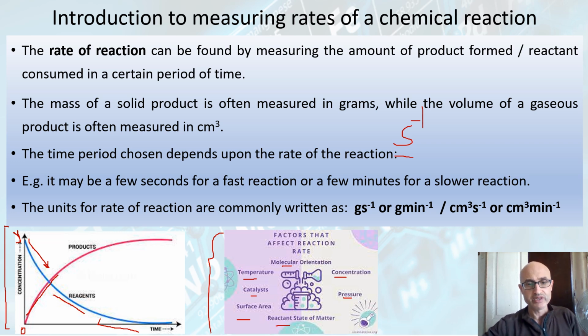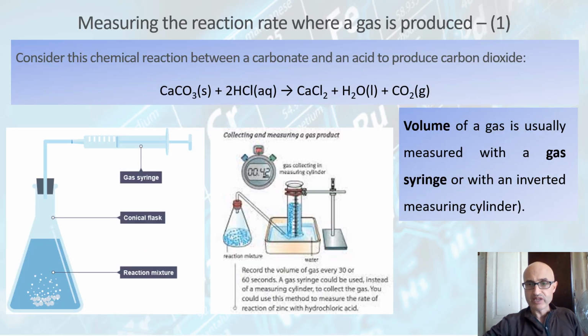Let's now go on to our next slide. I would like you to become particularly familiar with both of the diagrams on my left over here. The reason is that these are typical setups that can be used not just to collect a gas resulting from a chemical reaction in the lab.